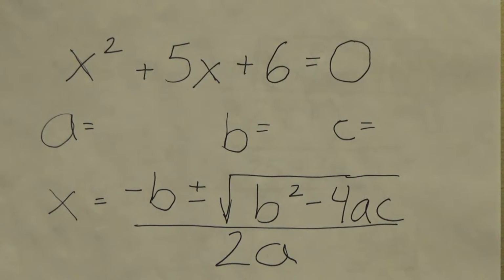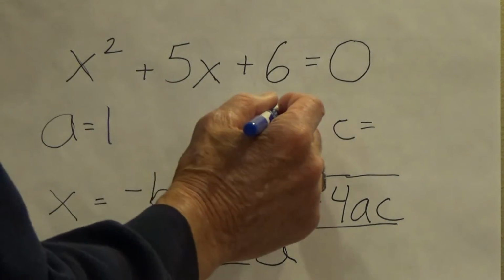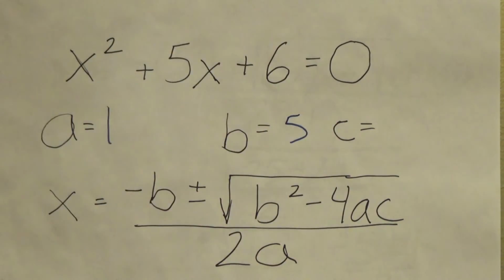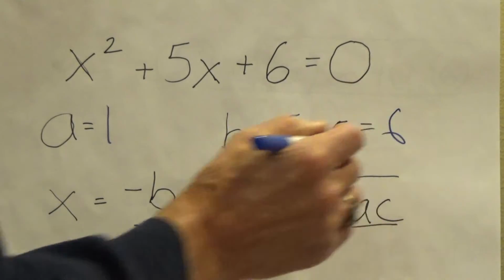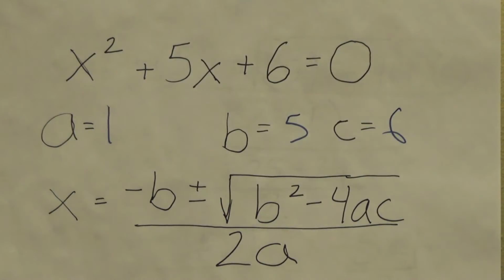We identify A, the coefficient of x squared, is 1 understood in this case. B is 5, and C is 6. Then we have the quadratic formula.